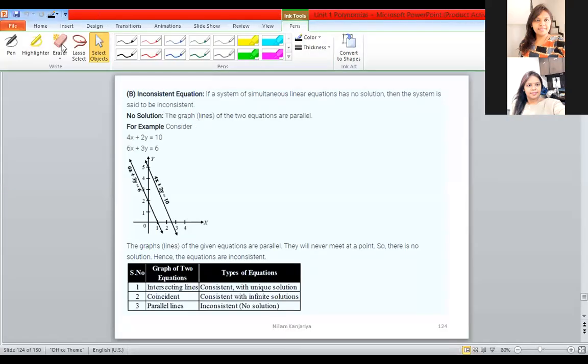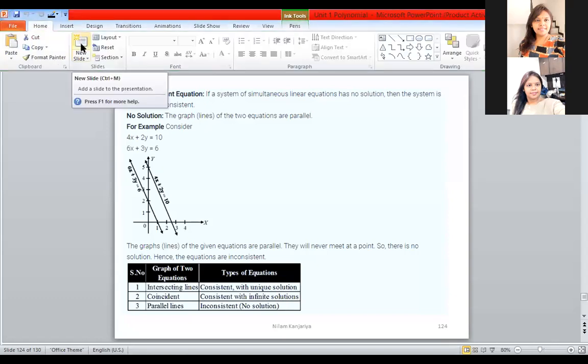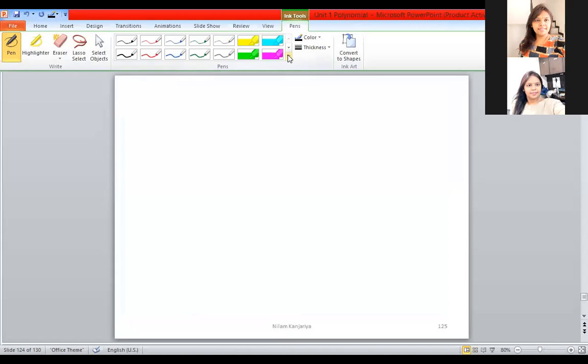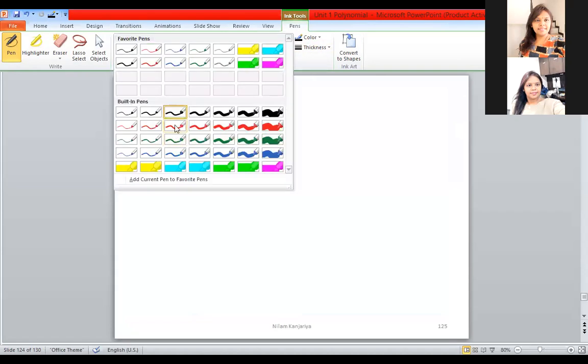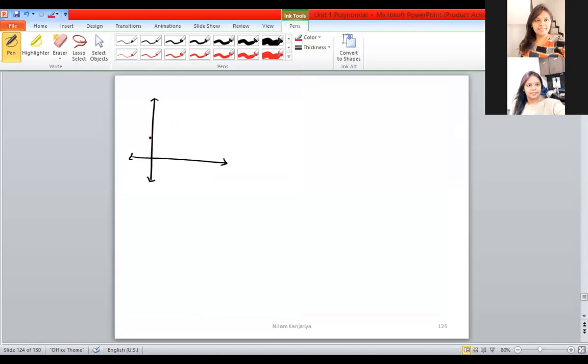Look, all the students, you have a graph. And there you have two lines. This is the first line, L1, and this is your second line, it may be L2.